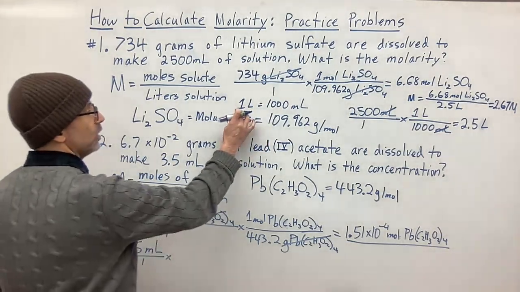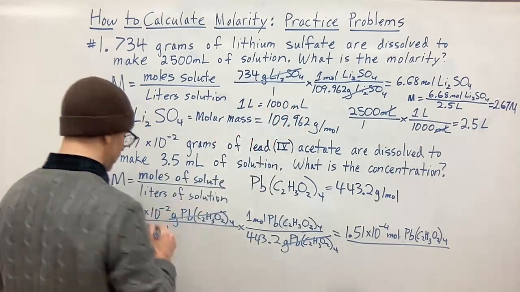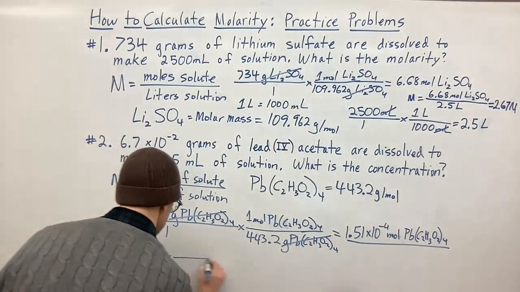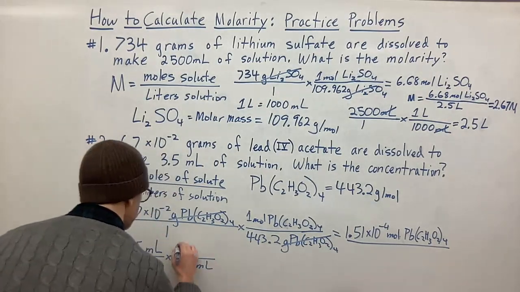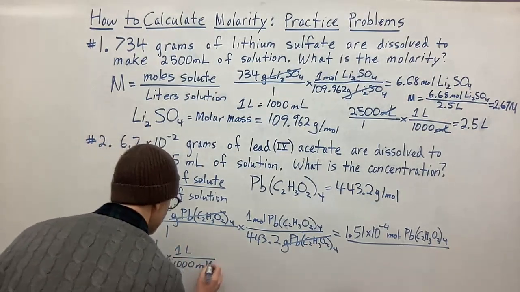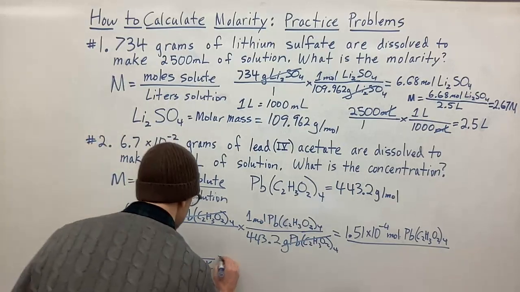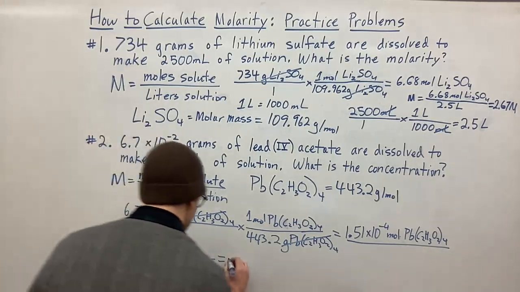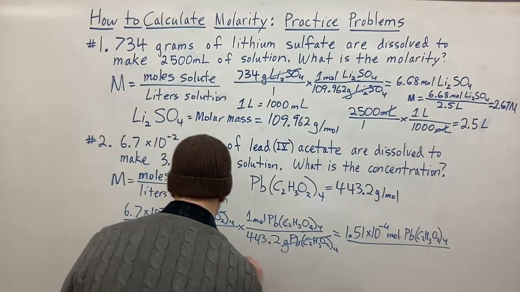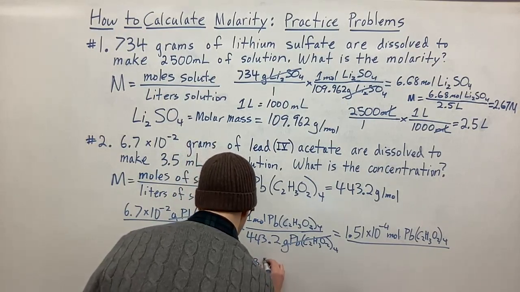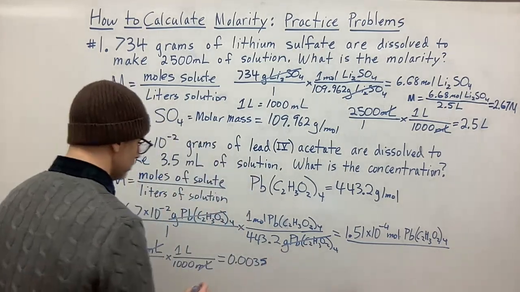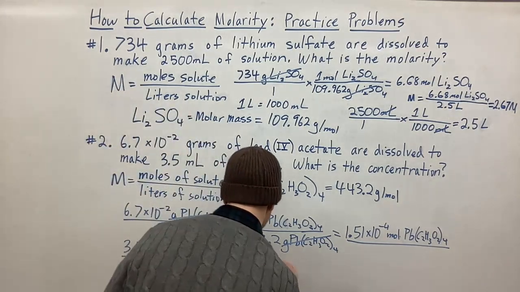Again, I'm going to use 1 liter is equal to 1,000 milliliters. So 1,000 milliliters goes on the bottom, 1 liter goes on top. Milliliters cancels out, and I get 0.0035. And that's going to be liters.